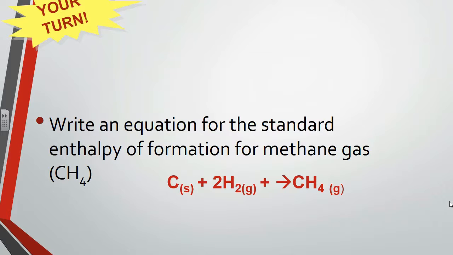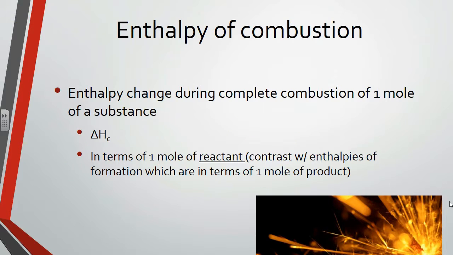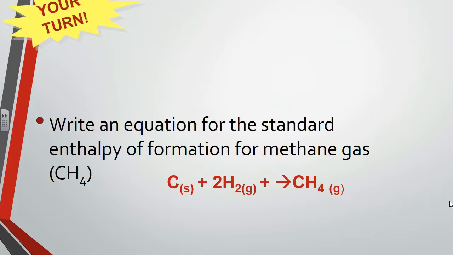Now, at this point, you might be like, well, do I have to change this and make this a half or divide it by 2? No. All you're looking at is this CH4. If that CH4 is a 1, and that's what you're looking for, the enthalpy of formation of CH4, then you're good. And if you look in your book, it would be negative 74.9, I believe, on page R66.